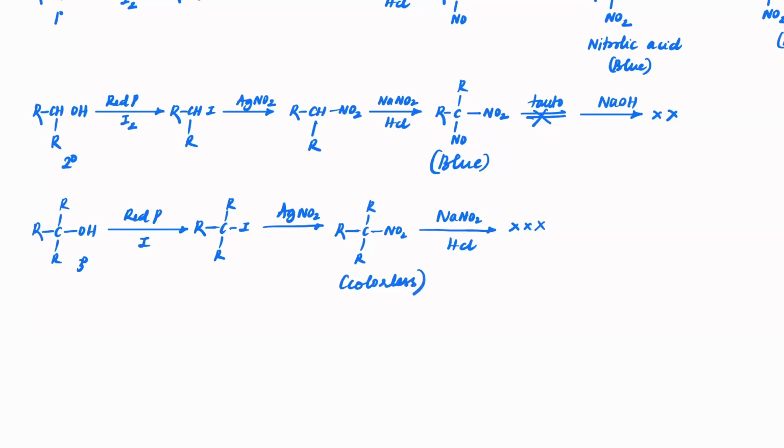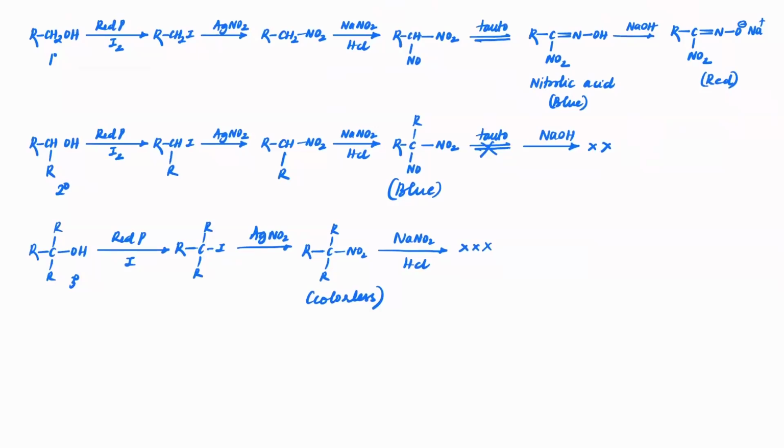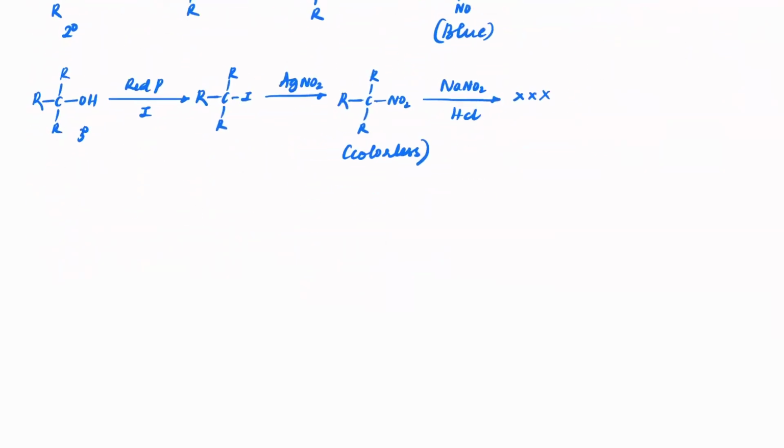Okay. So if you notice the same procedure, if you conduct for 1 degree, 2 degree and 3 degree alcohols, what you will get here is, for 1 degree alcohols, final color is red. 2 degree alcohols, the final color is blue. 3 degree alcohols, the final color is colorless.